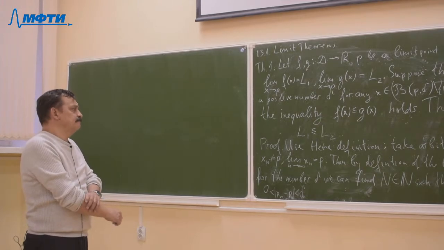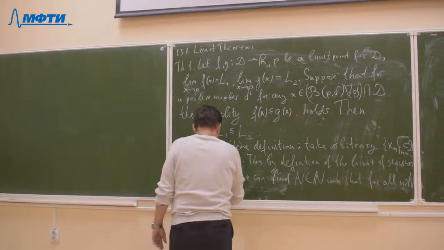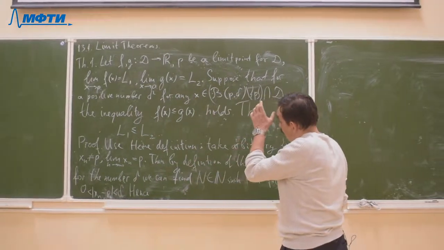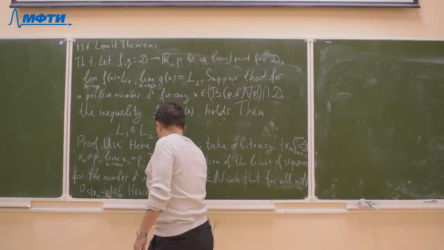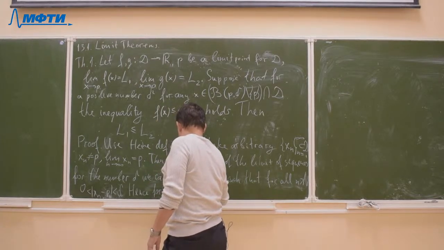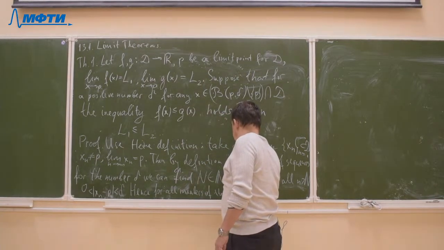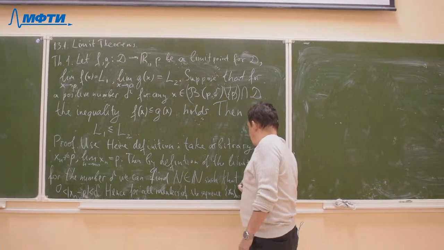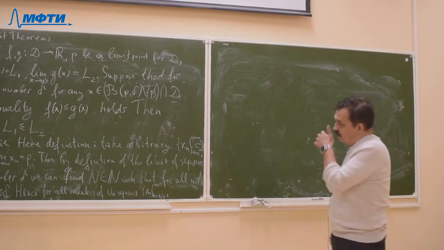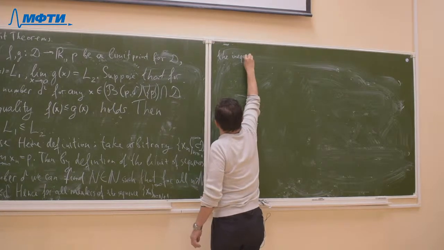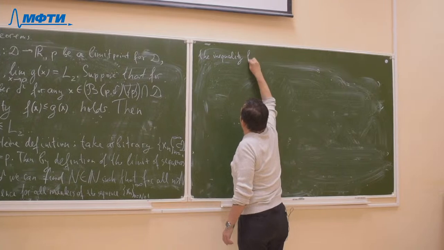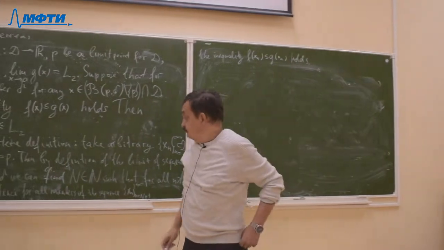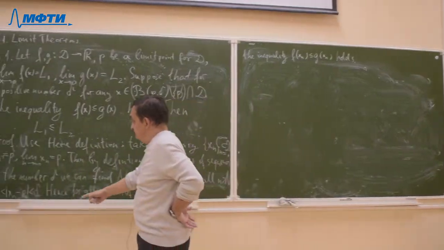So, hence, for all members of the sequence xn, n starts from capital N plus 1 up to infinity, the inequality f of xn less or equal than g of xn holds. Why? Because of this.